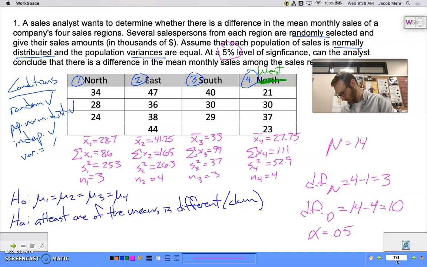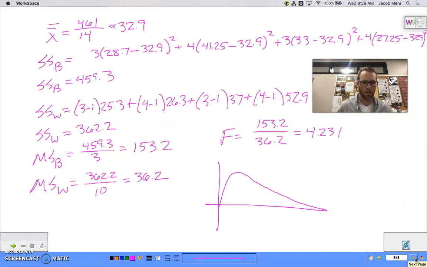So I'm going to scoot this down. And I see 3.71. So our critical value is 3.71. So let's say that's right there. Sets our rejection region. Where is our test statistic? Okay, it's to the right of that, isn't it?